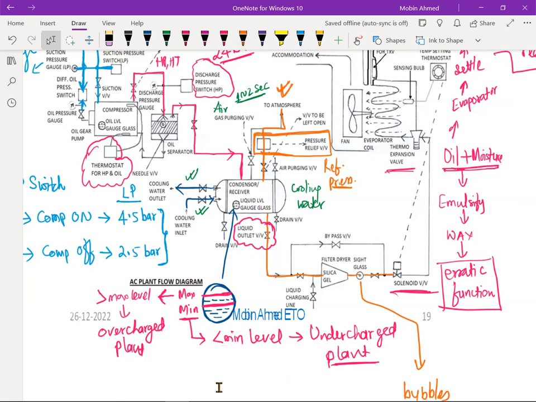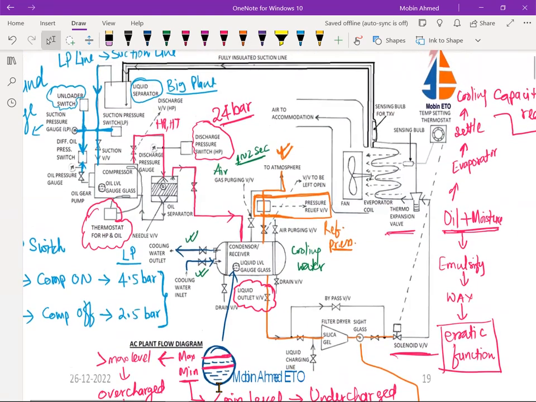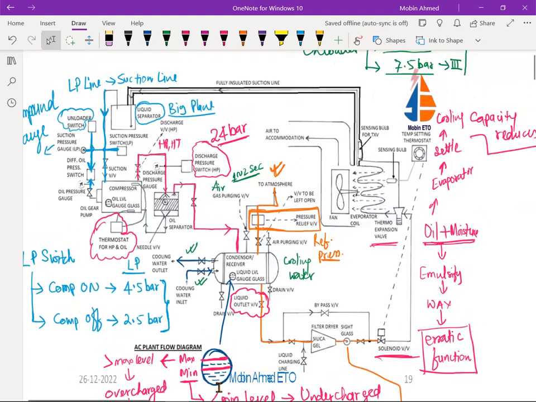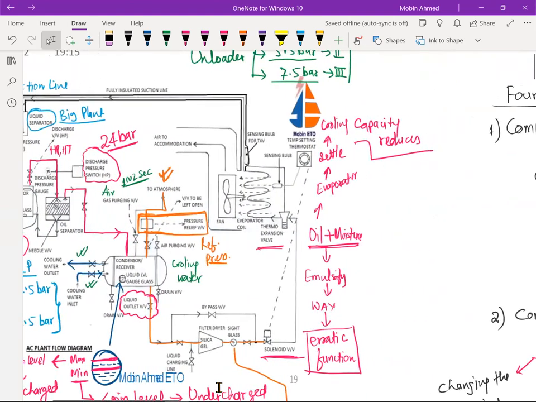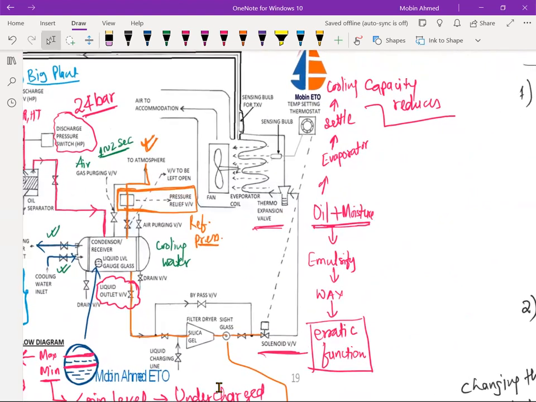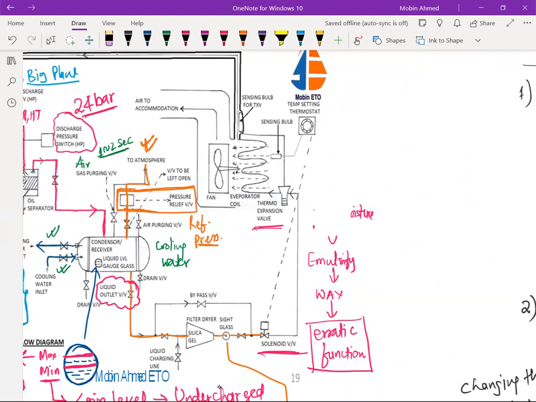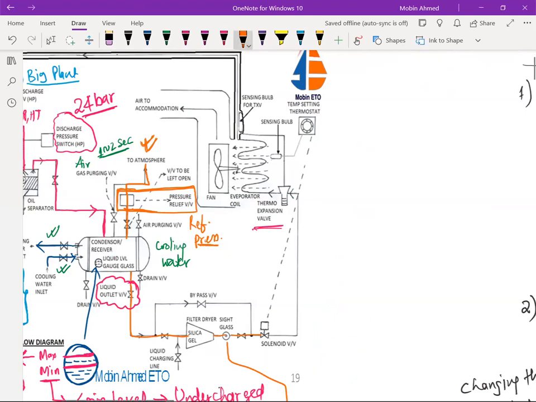Okay. Now next come to the solenoid valve. Now what is this solenoid valve doing? This solenoid valve, you understand, is going to be operated by the temperature setting thermostat.